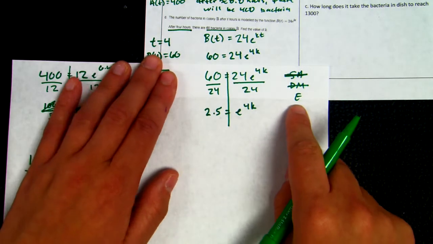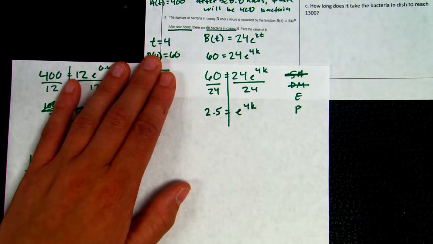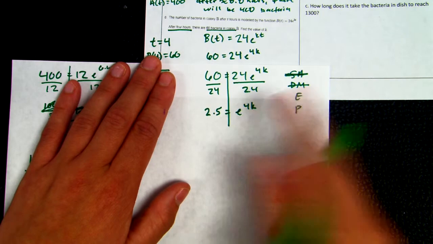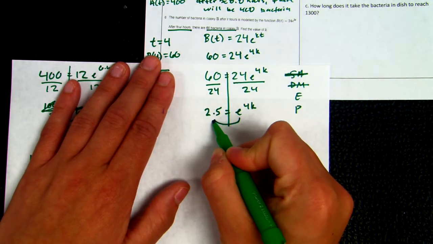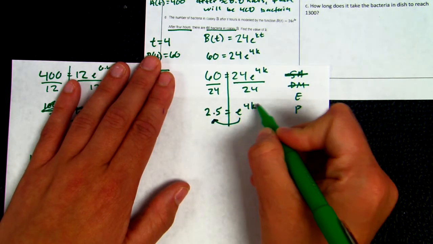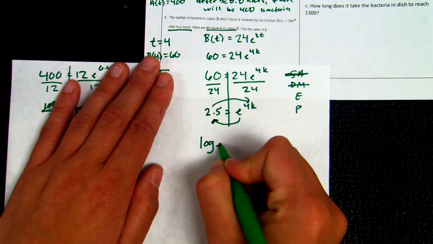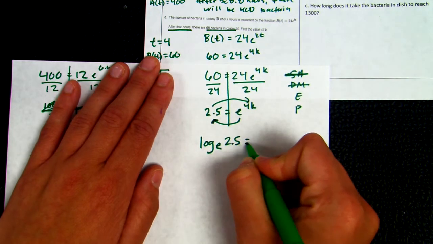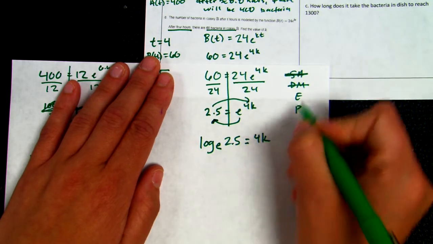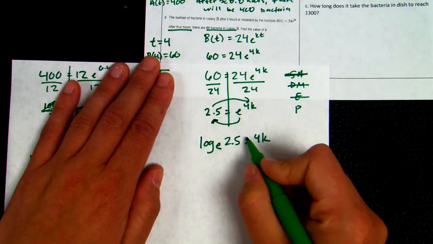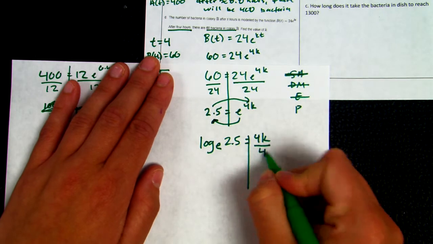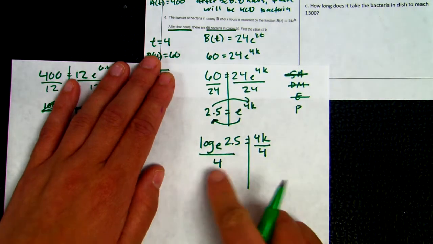So I did my division and multiplication. Next thing I need to check on is getting rid of my base so I can get an exponent by itself. I'm going to use the circle method here again because I have an unknown in my exponent. So I should get log base e of 2.5 is equal to 4k. k isn't totally by itself yet, so the last thing we're going to do is divide by 4 on both sides.